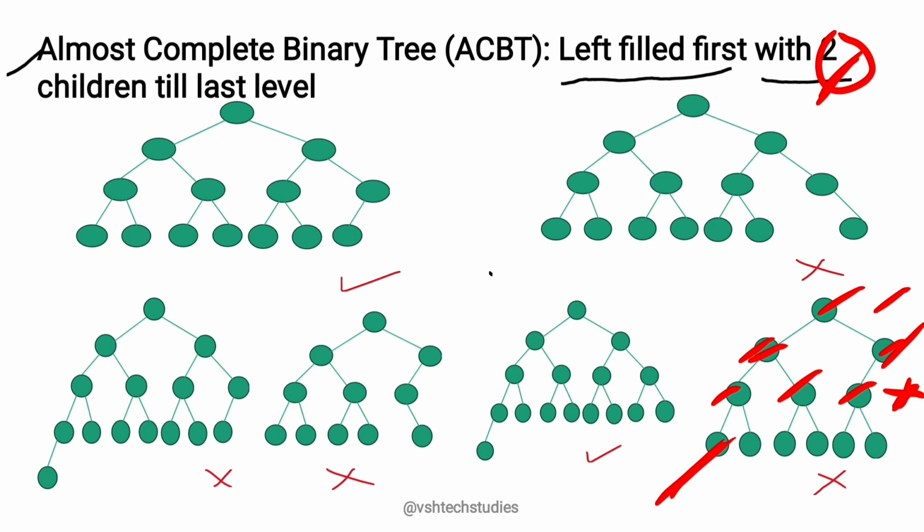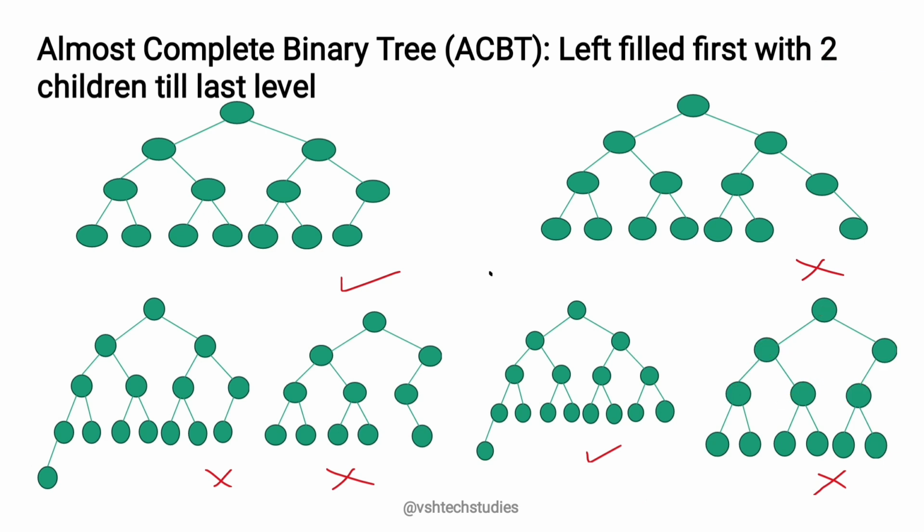So that is the rule. So this is not almost complete binary tree, because the last level is not filled with 2 children. Without having 2 children in the last level, the next level is filled. Hence it is not almost complete binary tree. So that is all about almost complete binary tree.